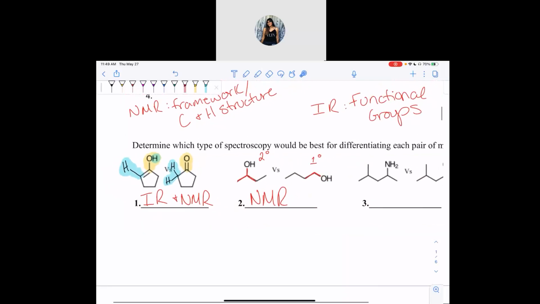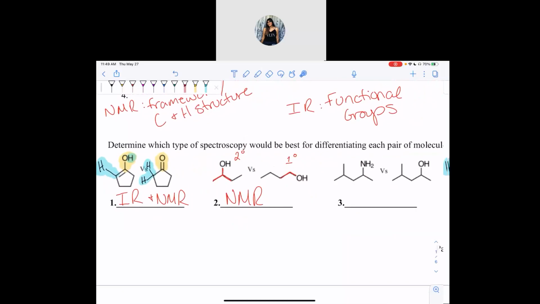If we go on to this last one, it's kind of a flip-flop of this one. Now they're connected exactly the same, but what's the difference? Yes, the only difference is in the functional group. So are we going to use IR or NMR? IR, exactly.